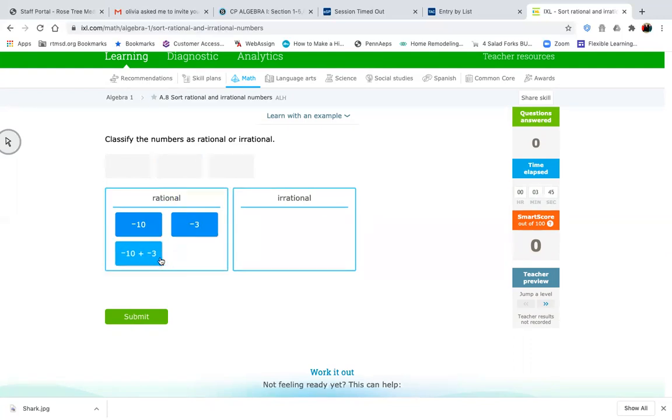So that's rational. So a rational number is a whole number that is positive or negative, or a fraction that is positive or negative. An irrational number would be like a square root, okay? Or like pi, a number that goes on and on forever and doesn't repeat.